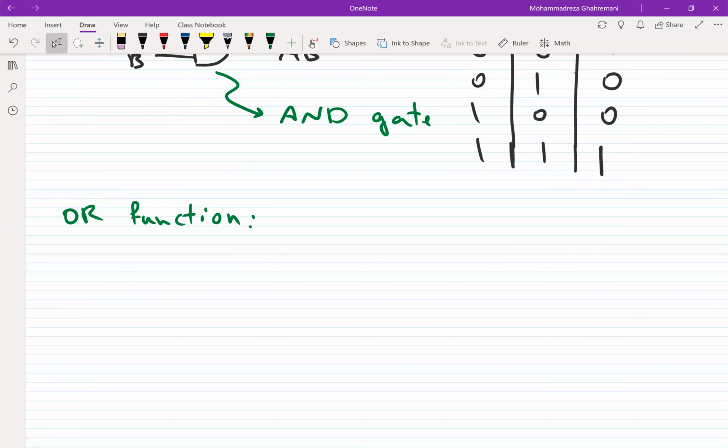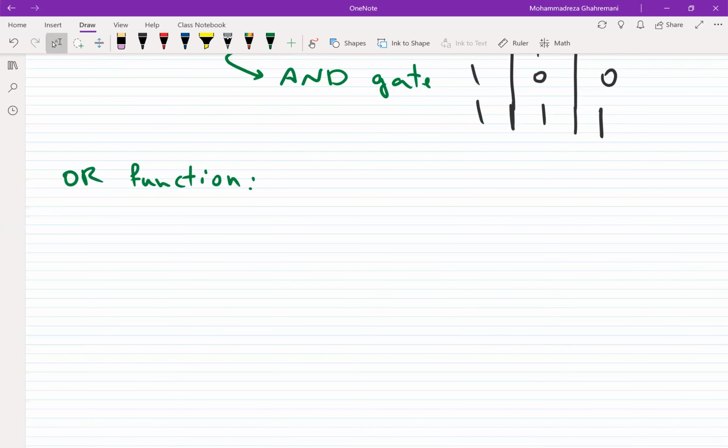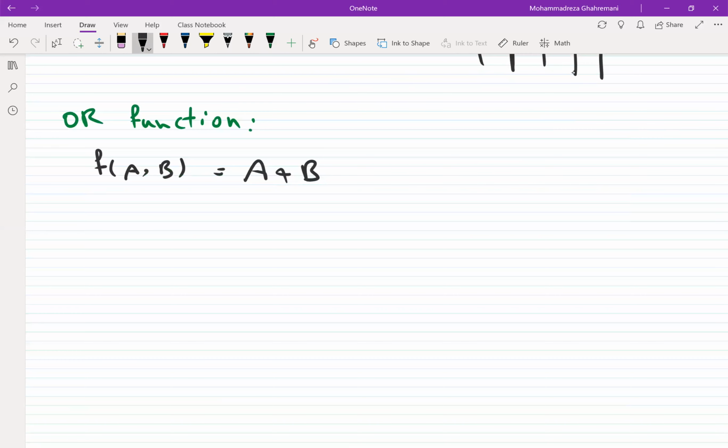For OR function, we show it in this way: F of A and B is equal to A plus B. So this one is OR function. The symbol for OR function is like this.